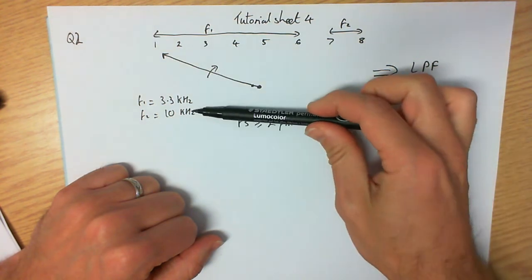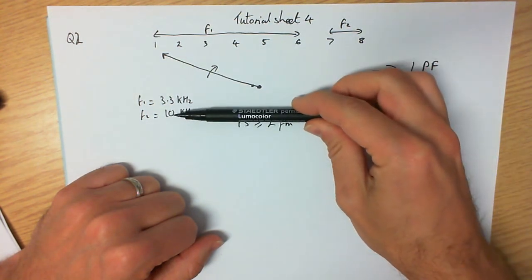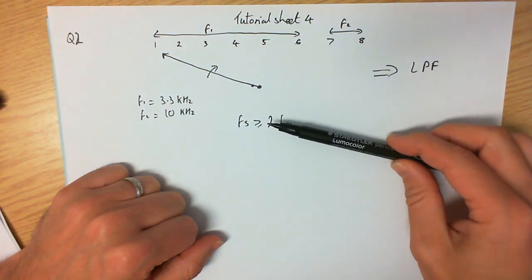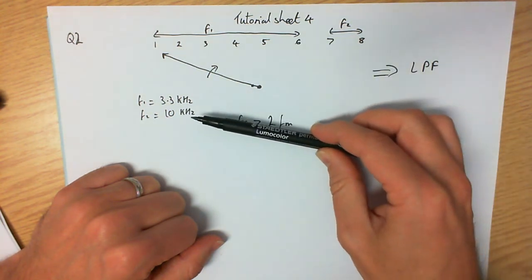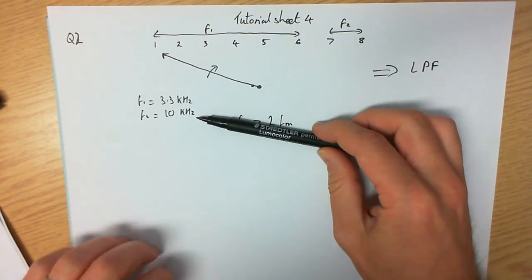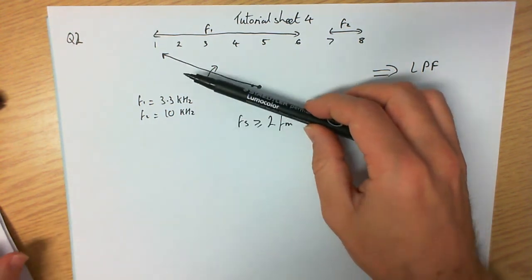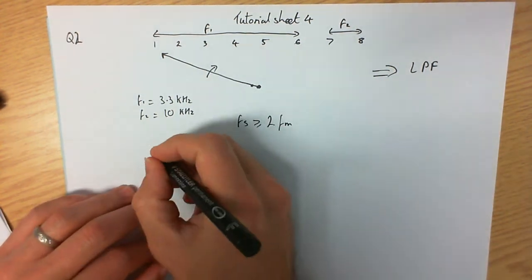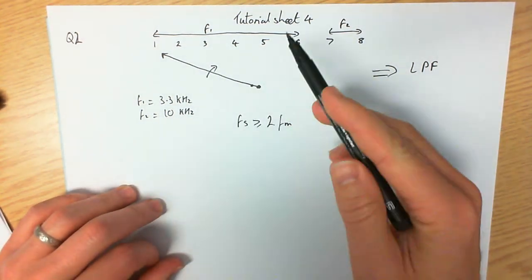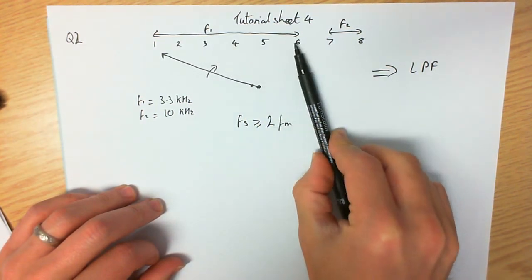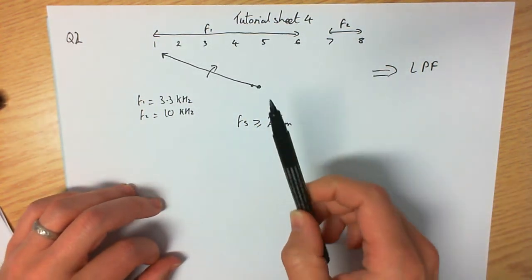If we look at our signals, the highest frequency one, which is 10 kHz, is going to require a sampling frequency which is twice that, which is 20 kHz. Now, as A asks for us to sample all signals equally, each signal is going to have to be sampled at a rate of 20 kHz.